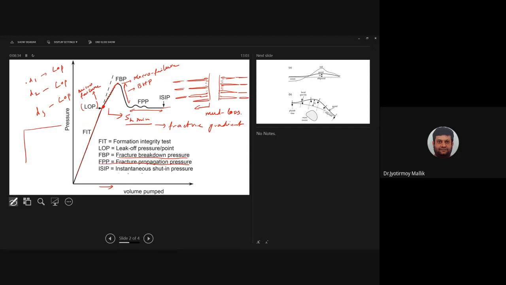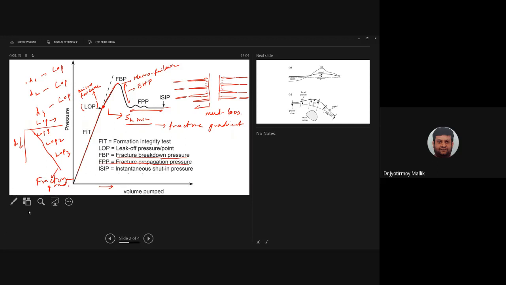And then I plot LOP1, LOP2, and LOP3, and if I join them, okay, so this is LOP pressure and here is depth, I will be able to construct my fracture gradient, or my minimum horizontal stress.